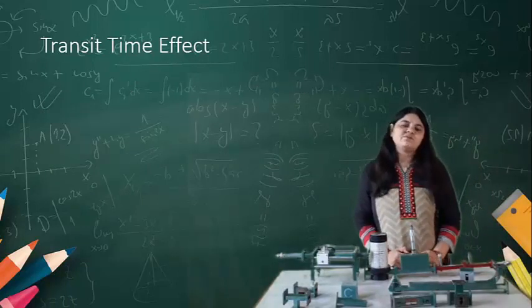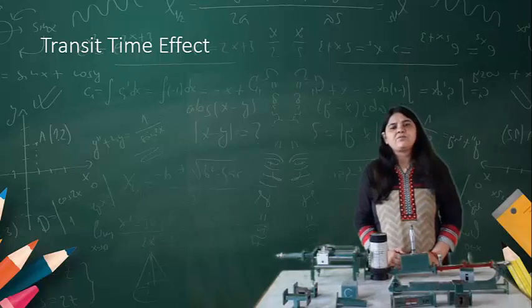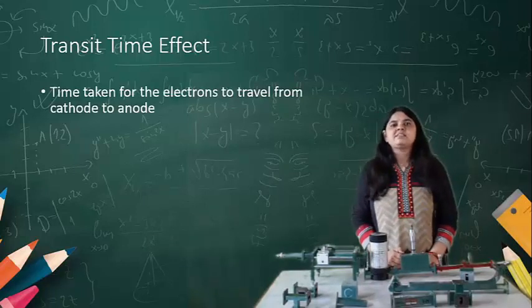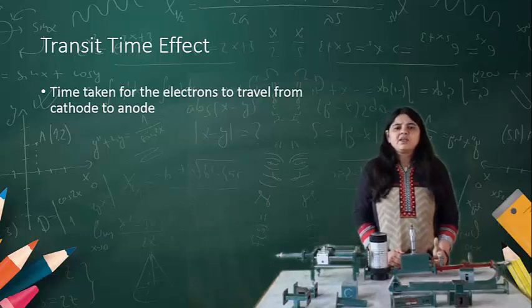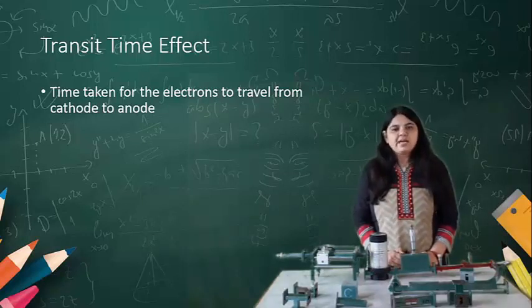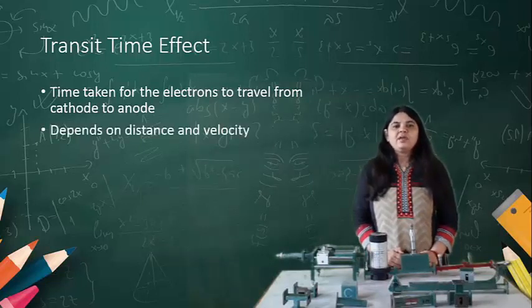Another effect, which we already learned in the case of the transmission line equation, is the transit time effect. What is the transit time? It is the time taken for the electrons to travel from cathode to anode. While it travels from the cathode to anode, the transit time is there.